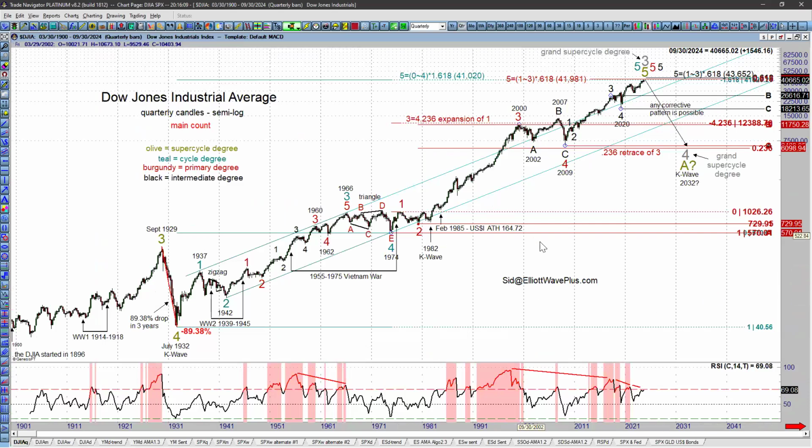So I would have just ended with the disclaimer, and then I'd start going into the wave counts on Dow Jones Industrial Average, S&P, NASDAQ, and Russell. So here we go.